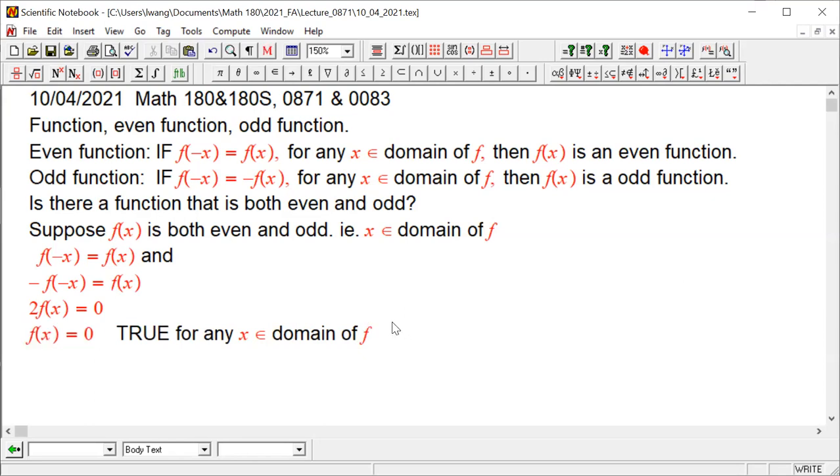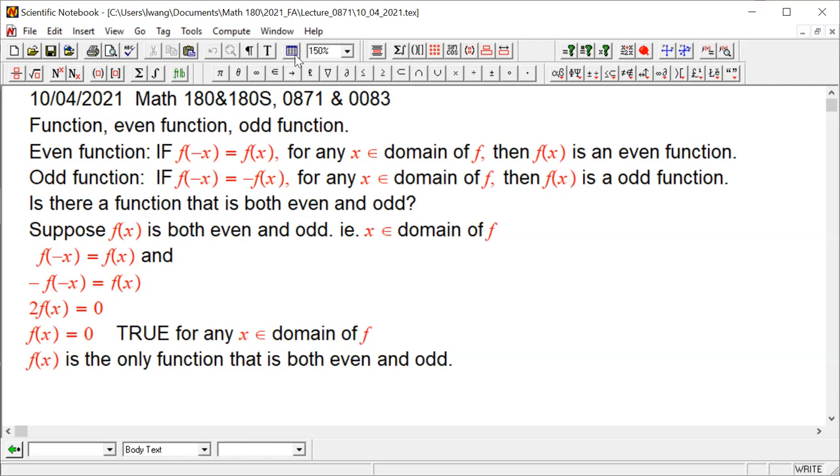What does this tell you? The only function that is both even and odd is this function, 0. f of x is a constant function, and not just any constant, it's 0. So f of x equals 0 is the only function that is both even and odd.